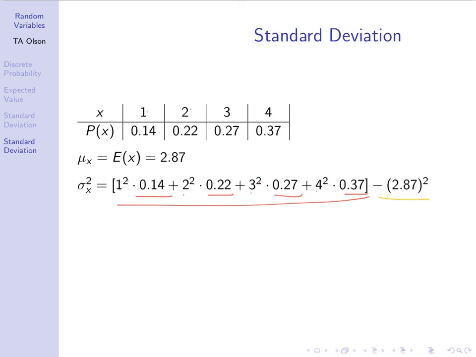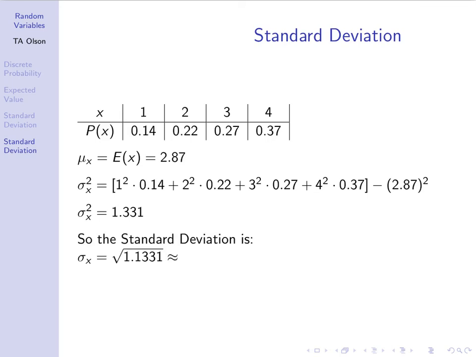This makes the variance for our discrete probability distribution 1.331. So the standard deviation is the square root of the variance, and that makes it the square root of 1.331, which is 1.06.